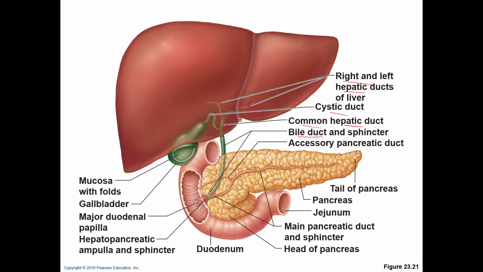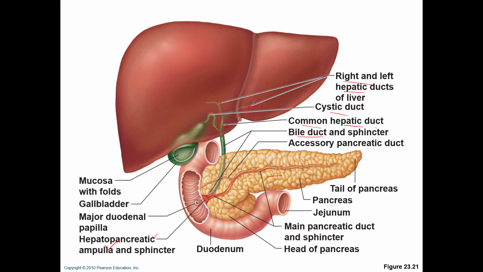Okay, now you see that bile duct goes all the way down to the duodenum, but just before it enters into the duodenum from the pancreas, this is the pancreas, the main pancreatic duct, you see this is the main pancreatic duct, joins with the bile duct and forms an ampulla, wider part, expanded part, that is called hepatopancreatic ampulla.